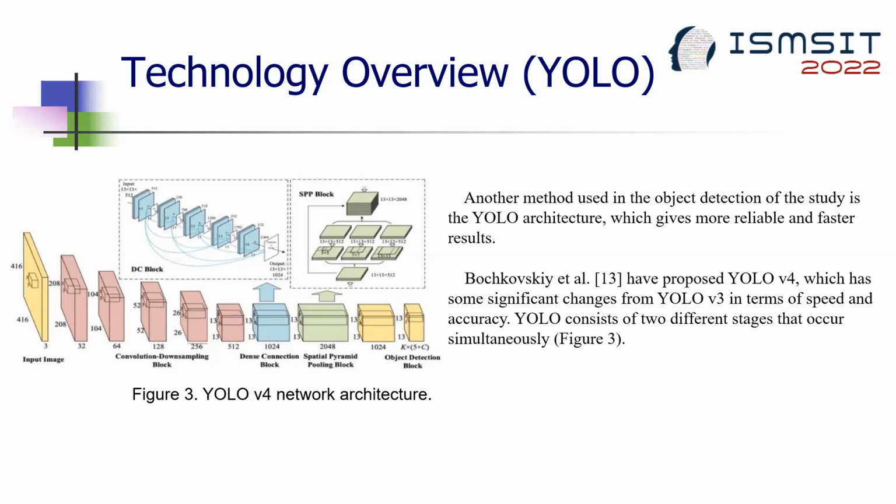Bochkovskiy et al. have proposed YOLO V4, which has some significant changes from YOLO V3, as you know, in terms of speed and accuracy. You can see the YOLO network architecture from this image. YOLO consists of two different stages that occur simultaneously.